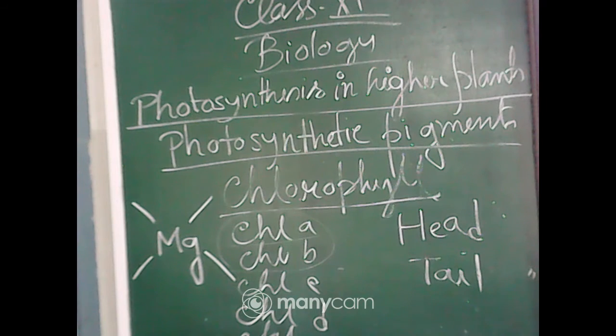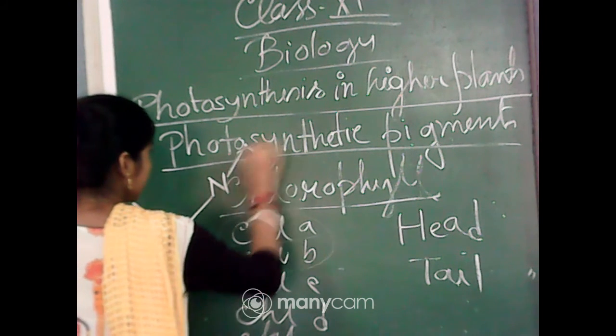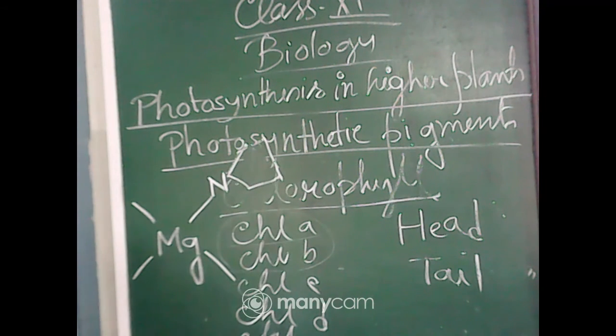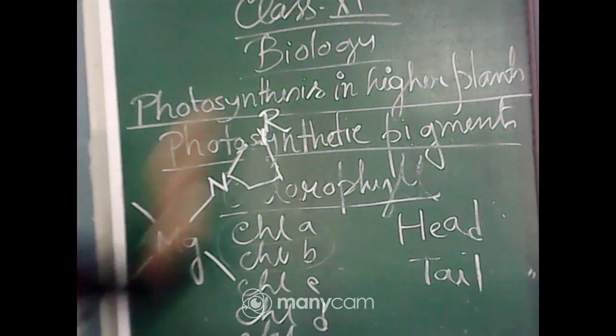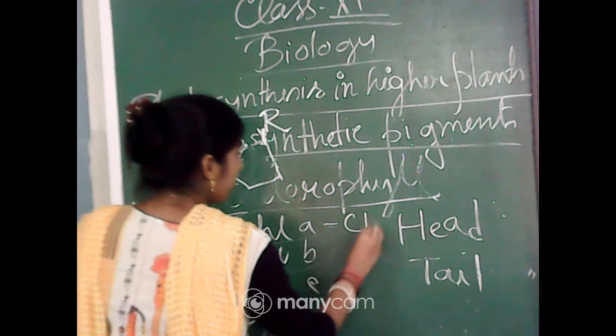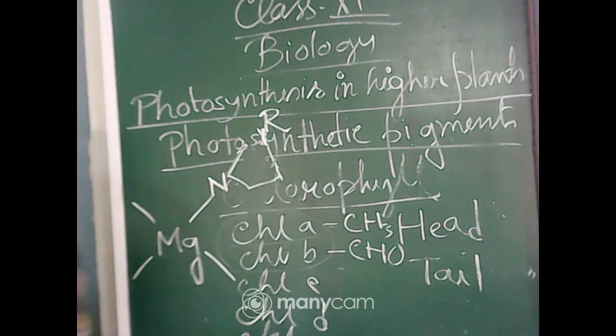In this particular position there is an N compound, and at this position we can write R. R means this part is variable. In chlorophyll A, a CH3 group is present at R, but in chlorophyll B, a CHO group is present.